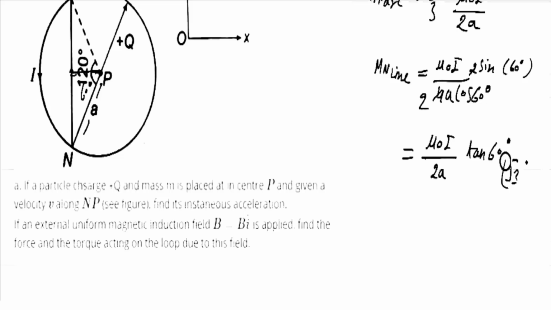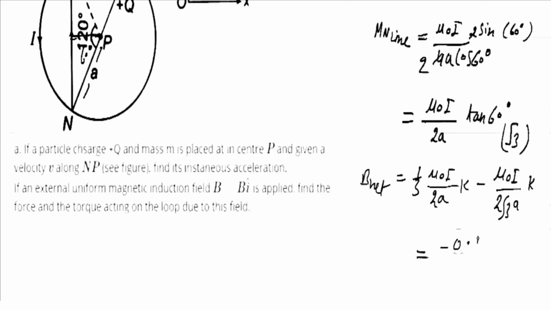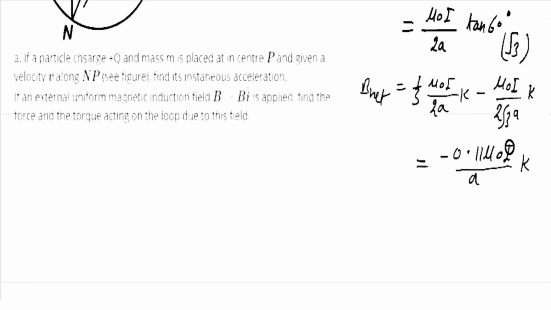So B net equals one third mu naught I upon 2a k cap, which is outward, so positive, and mu naught I upon 2 root 3 a k cap, which is inward, so negative. Calculating, we get minus 0.11 mu naught I upon a k cap.